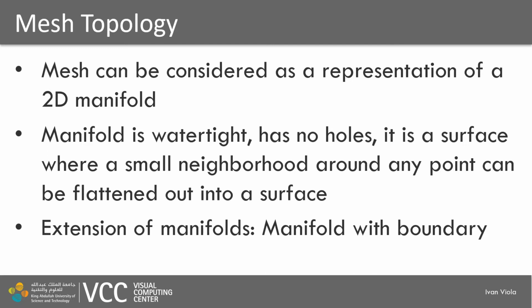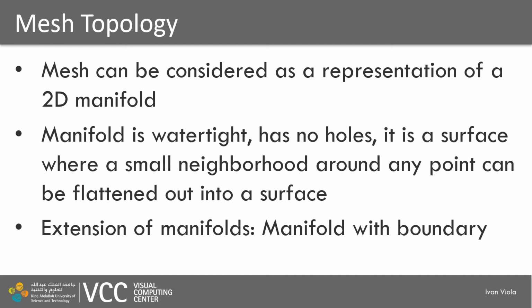For example, if a mesh is considered as a 2D manifold, then it will be a closed watertight object which has no holes, and in a certain neighborhood on this surface, it can always be approximated by a planar representation. We will see that on the next slide.